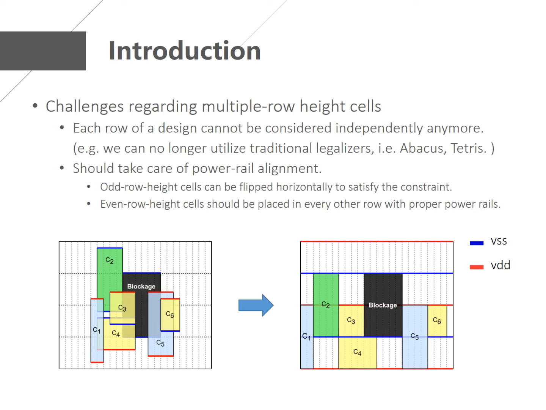In addition, since there are cells crossing rows now, we should also take care of the power rail alignment constraint, as pointed out in earlier papers. For odd row height cells, the problem can be trivially solved by flipping them horizontally, while even row height cells should be placed in every other row with proper power rails.